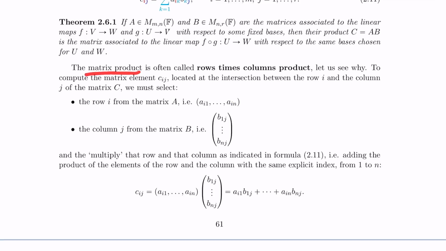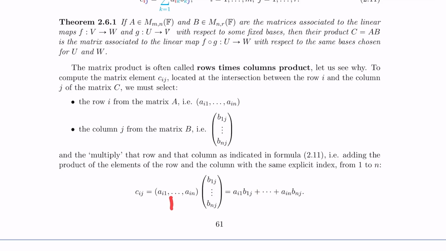The matrix product is often called rows times columns product for a simple reason that we're going to explain now. The generic element Cij of the product matrix can be obtained in the following way. Consider the ith row of the matrix A and the jth column of the matrix B, and combine them together as follows. Multiply the first entry of the row with the first entry of the column, like this, then write a sum.